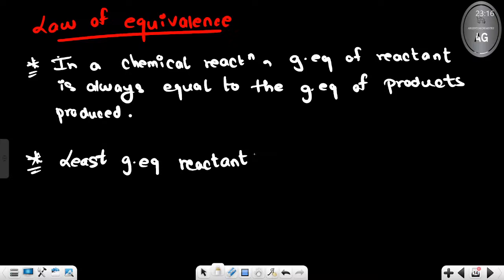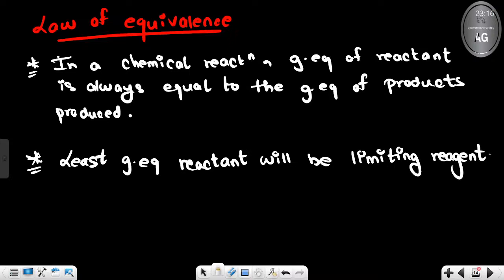Whichever reactant's gram equivalent comes lesser, that is going to be the limiting reagent. That means it will be limiting the reaction. You know what limiting reagent is, so I need not explain it now.